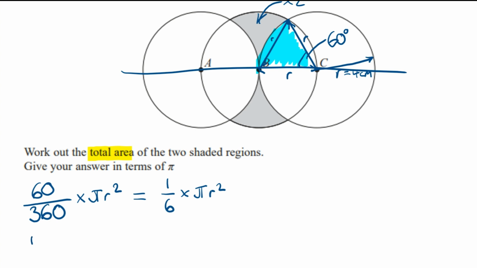R is 4, as we wrote down earlier. So that means that this is going to be 16 over 6 pi. And this will simplify. If we divide both by 2, because they're both even, we get 8 over 3 pi centimetres squared.